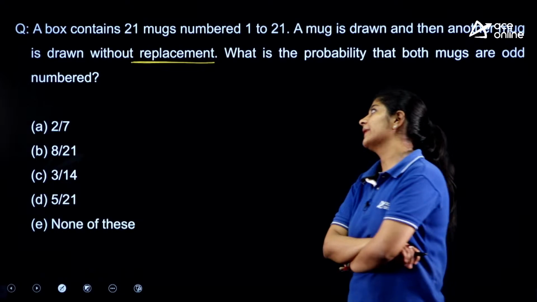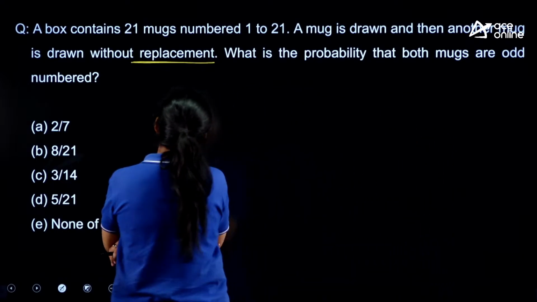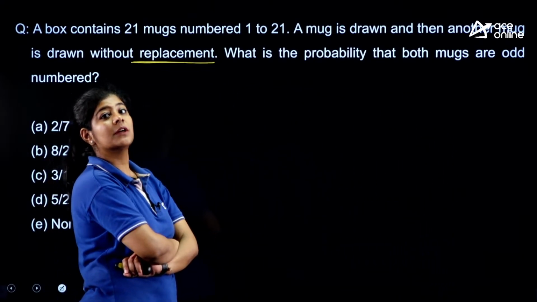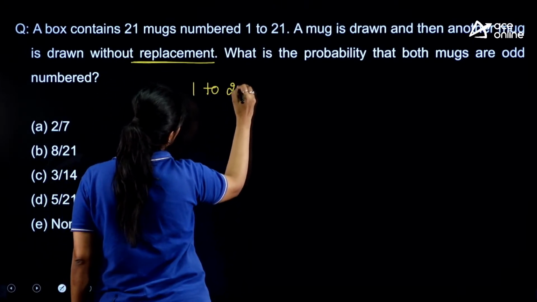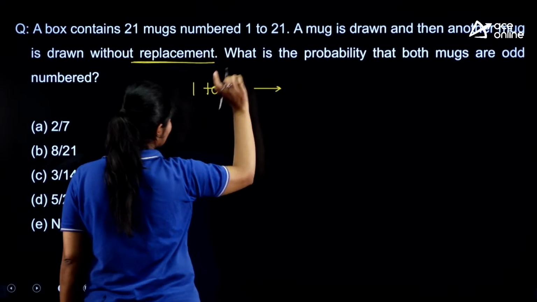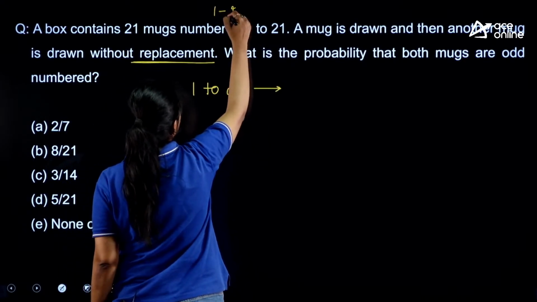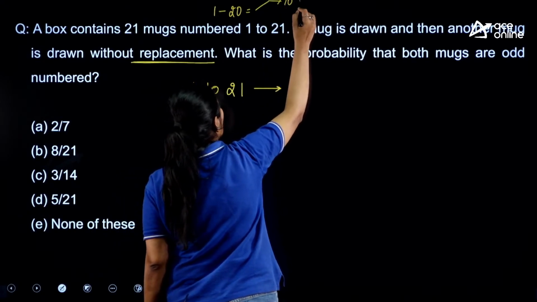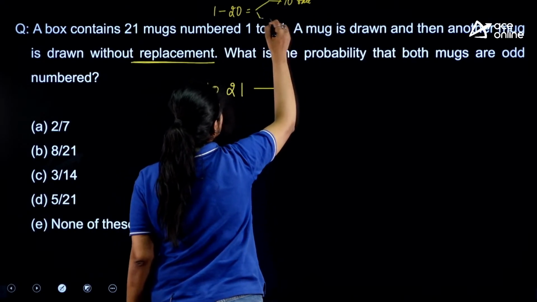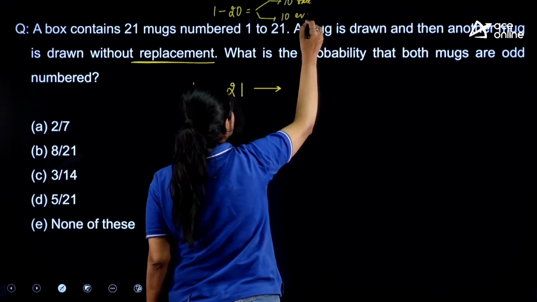It's a very simple one. First we need to determine how many odd-numbered mugs we have. We have a range of 1 to 21. If we have a range of 1 to 20, in that we have 10 odd numbers and 10 even numbers, right?